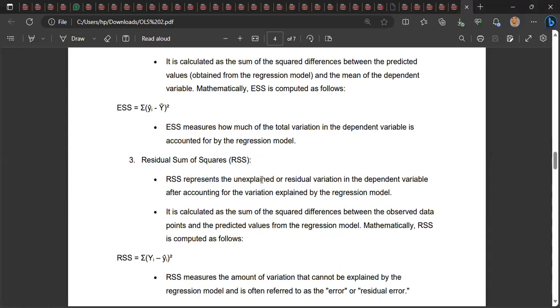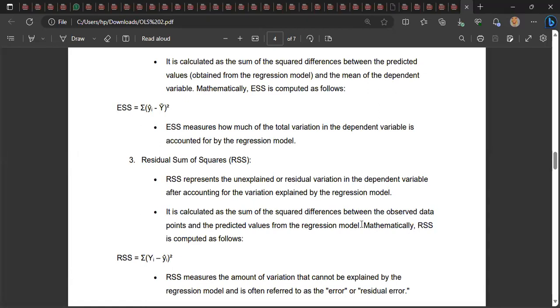This is the one that represents the unexplained or residual variation in the dependent variable after accounting for all the variations that can be explained by x. It is the sum of the differences between the actual data points and the predicted values from the regression, so it is mathematically treated as follows.